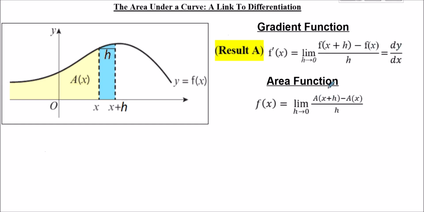Down here, instead of f of x, we're talking about A of x, which is our area function. So instead of it relating to y on top, the top bit just relates to the area function. So instead of it being dy by dx, this will just be dA by dx.